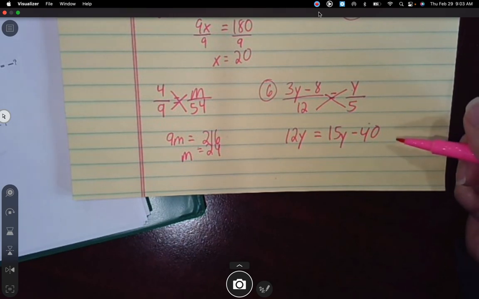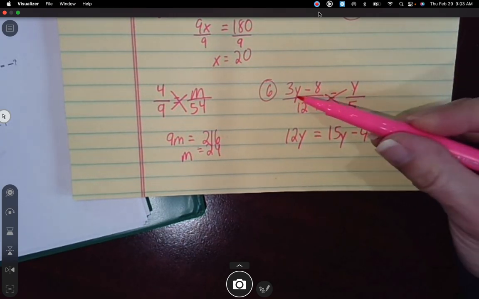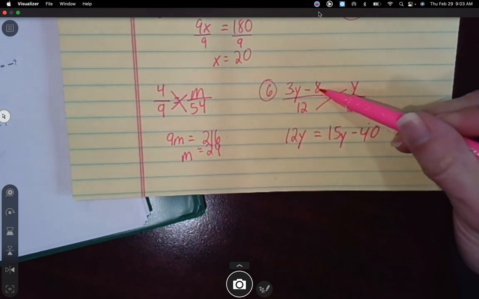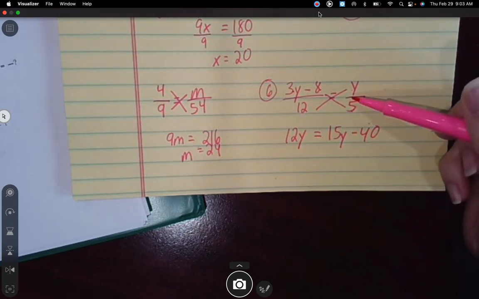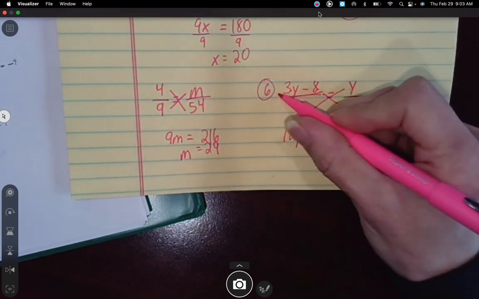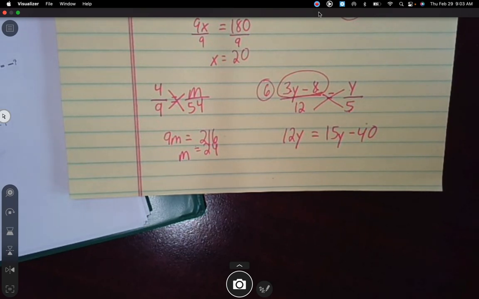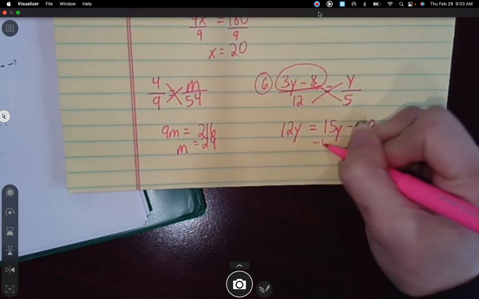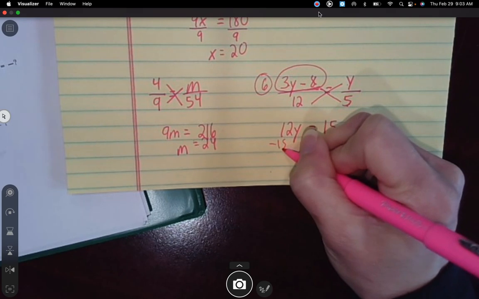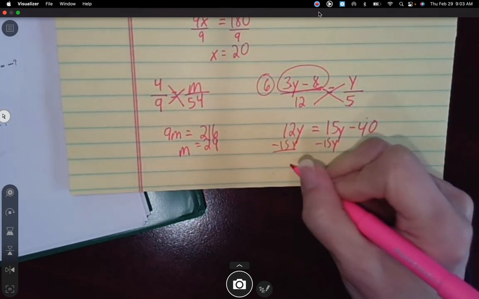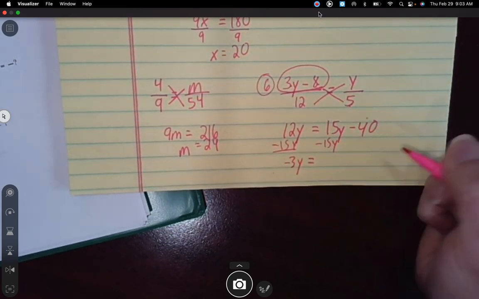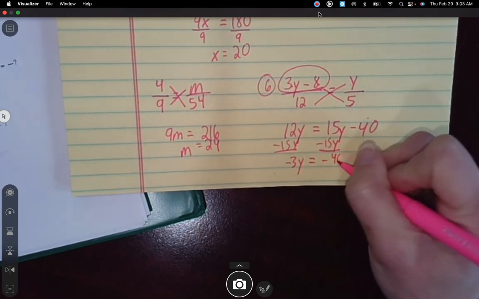Do y'all know where 40 came from? 5 times 3y and 5 times negative 8. 5 had to be multiplied to all of it. Okay? So if I subtract 15y, what's that? Negative 3. Negative 3y equals negative 40. Then what do I do?